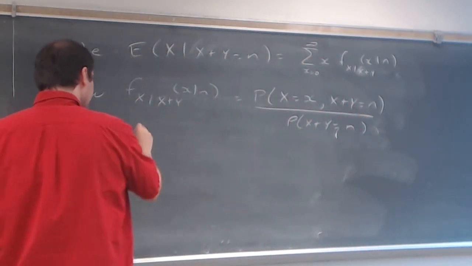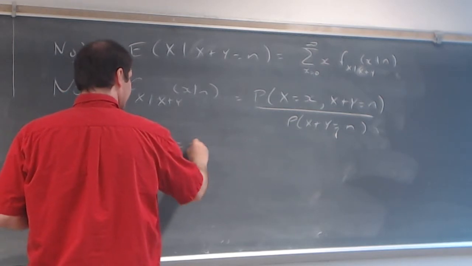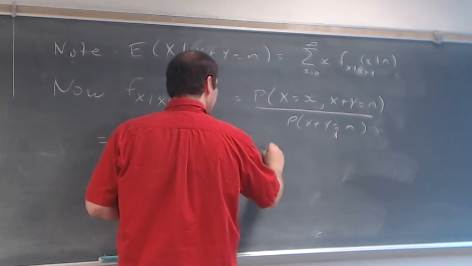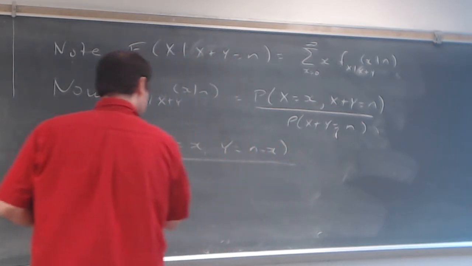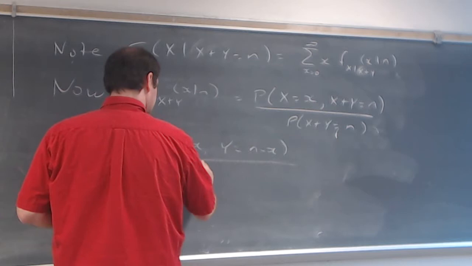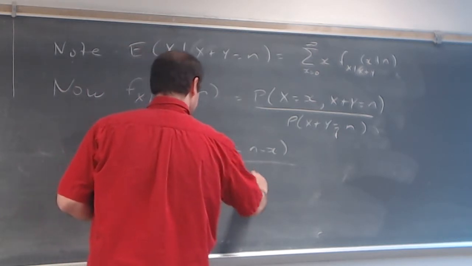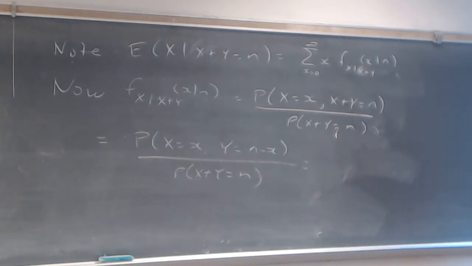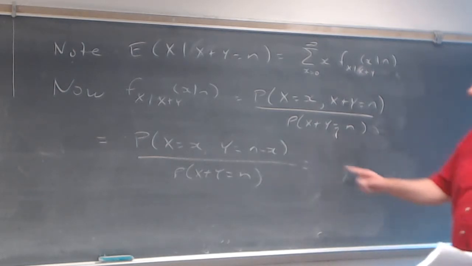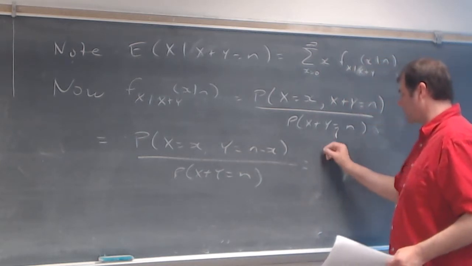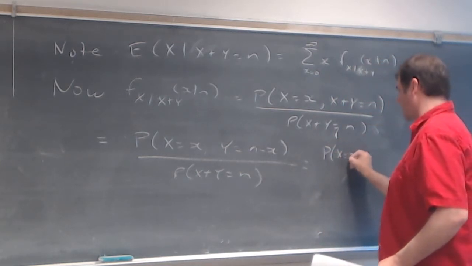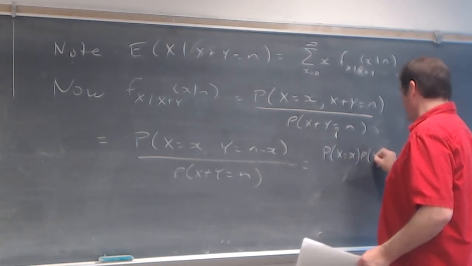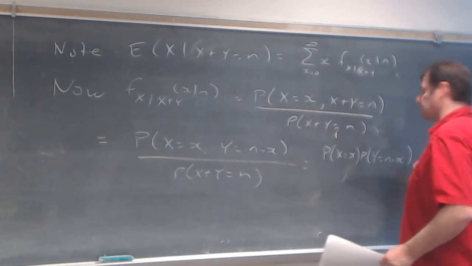Now, this is the same thing as the probability of x equaling x and y equaling n minus little x, over the probability that x plus y equals n. Okay, now x and y are independent, so I can break this down into the probability that x is equal to x times the probability that y equals n minus x.